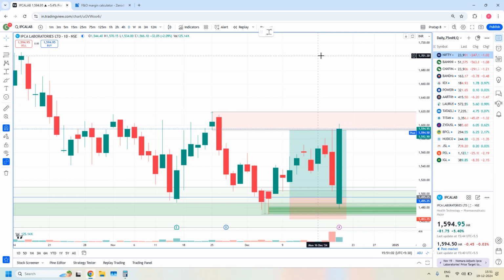Anyway, for an MIT trade you can't take margin because it is not an intraday trade, right? An MIT trade you will hold for several weeks, maybe 2 weeks or 3 weeks, or several days. Today it reached the target, so you will exit today itself. This is an exceptional scenario.